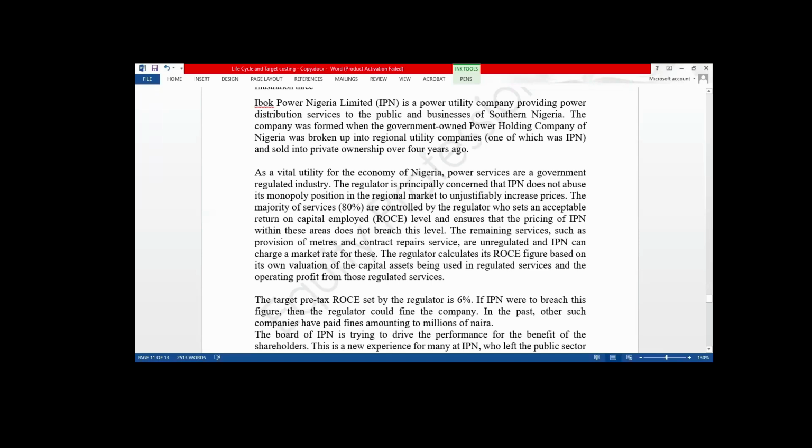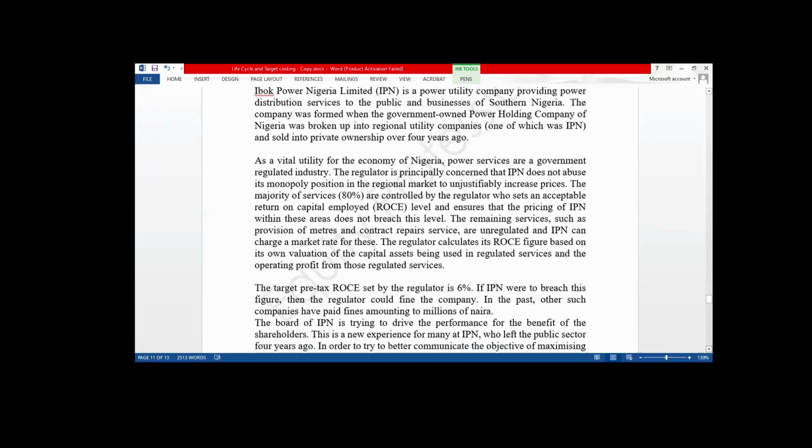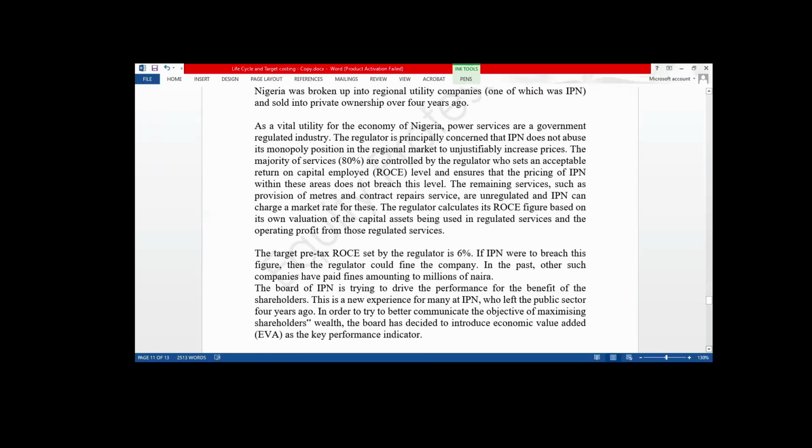The board of IPN is trying to drive performance for the benefit of the shareholders. This is a new experience for many at IPN who left the public service 4 years ago, in order to try to better communicate the objective of maximizing shareholders' wealth.